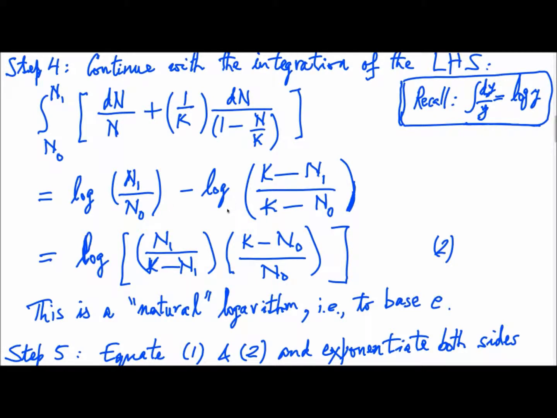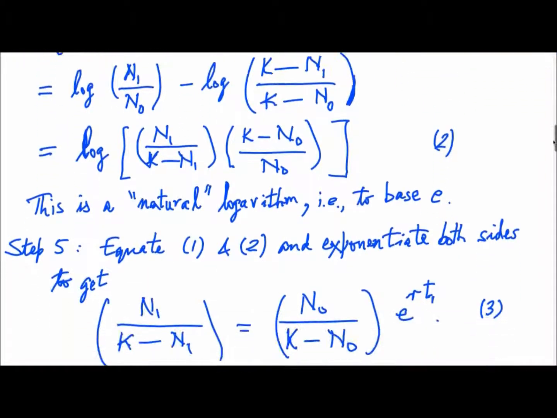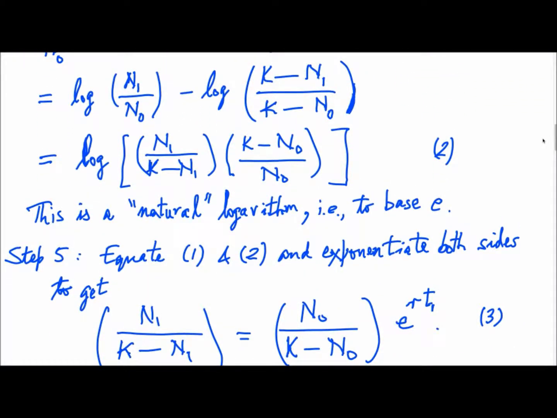Now, the difference of two logs is the log of, so in this case it's log of something minus the log of something else. That can be combined into the log of the first something divided by the second something else. And that's what brings us to equation 2 here. So this equation 2 is the integral of the left-hand side of the equation.